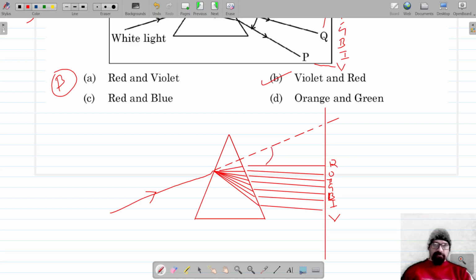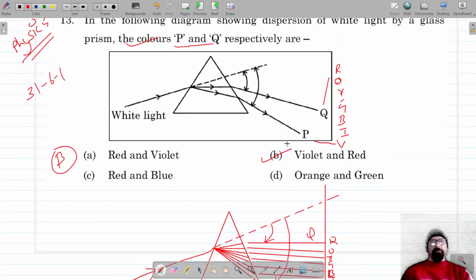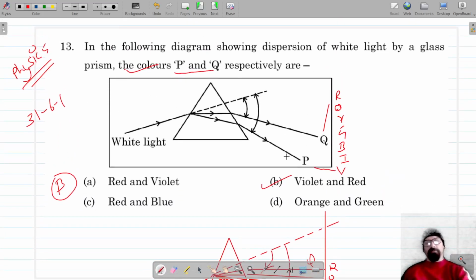Now the least bent color is red, and the most deviated from the original path is violet. So this is P and this is Q, which is violet and red. Moving on to the next question.